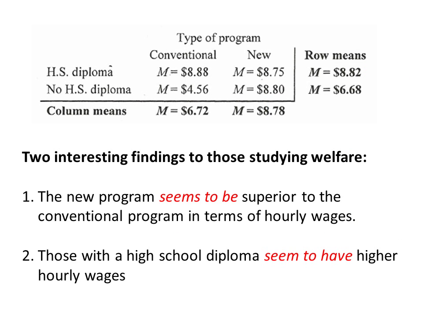Now, up to this point, if we're studying welfare, we see that this is a whole different ballgame that we're now going to look at. The new program seems to be, when we look at all of it, superior to the conventional program in terms of hourly wages, and those with a high school diploma seem to have higher hourly wages.